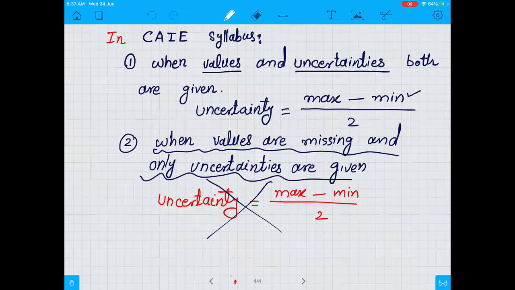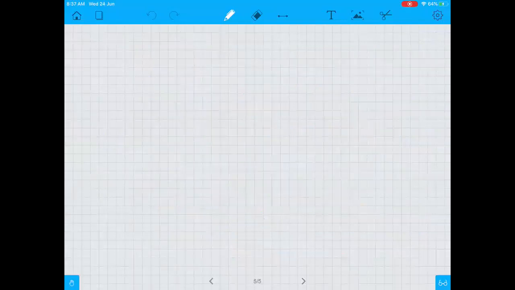What is the method of giving uncertainties in the questions?